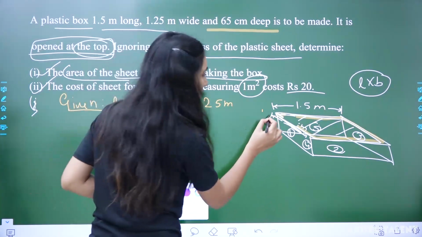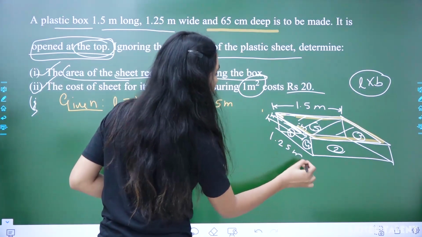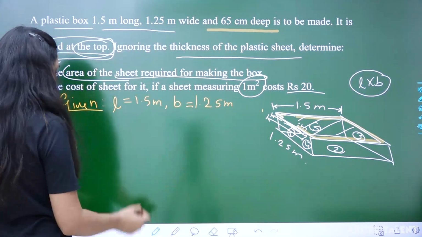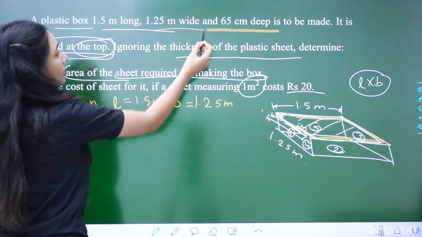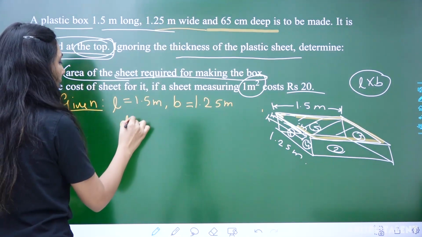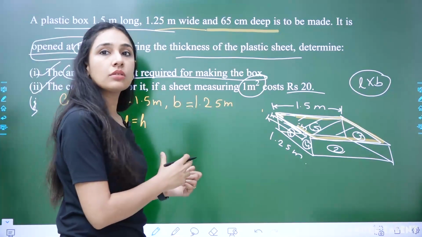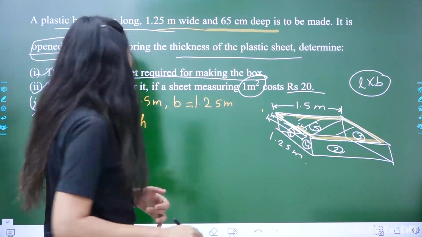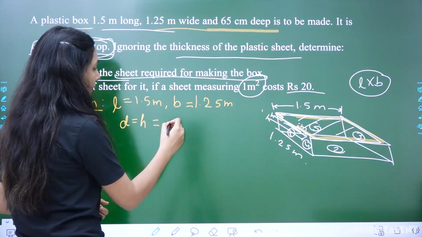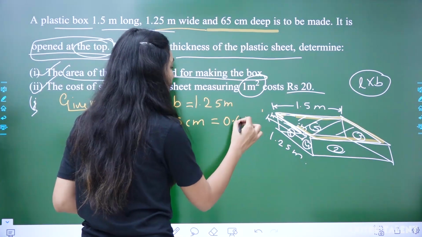Now the depth, or in the formula we use either depth or height, we'll use it as h. So that is 65 centimeter, or else you can say 0.65 meters.